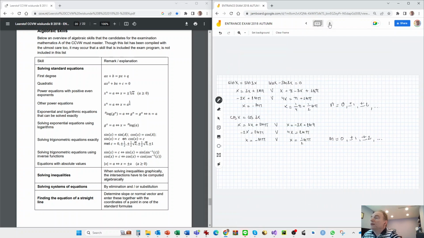And I think I can give an example of that. Let's say something of the form sine x is sine 3x. Again, if you just say x equals 3x, that will be wrong. You have actually many more solutions. So, given what I just mentioned, you have two branches. One, x is equal to 3x plus 2n pi, or x is equal to pi minus 3x plus 2n pi.